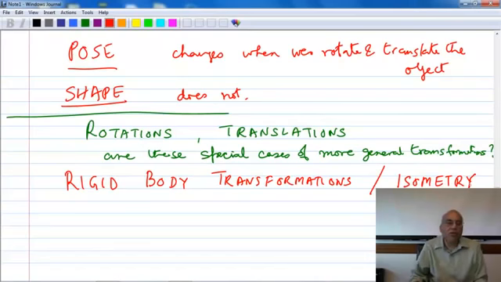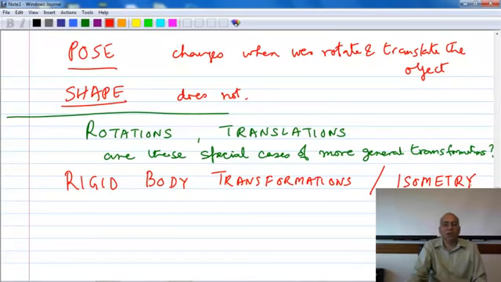Okay, what do I mean by rigid body transformation? So let's think of what we mean by the word rigid body. A rigid body is characterized by the fact that if there are any points on that rigid body, they have the same relationship with respect to each other as the object moves.